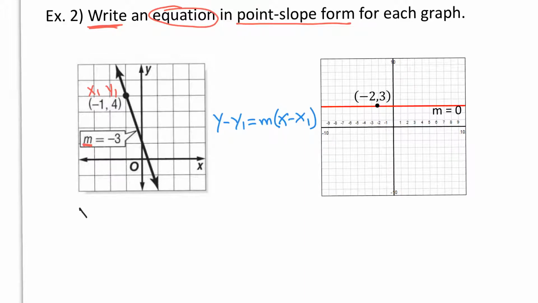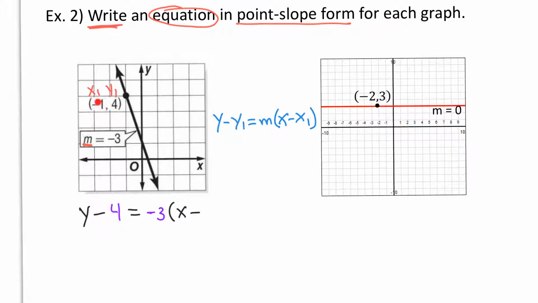So I'm going to have y minus, let's go ahead and look at y1. It's positive 4, so I just put a 4 right here, equals m is negative 3, so I substitute negative 3 times the quantity of x minus x1.